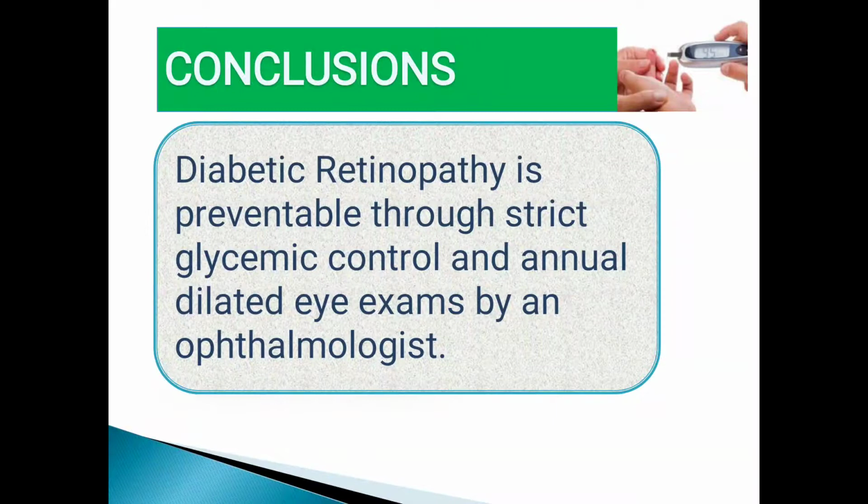And the investigations that are required in diabetic retinopathy, apart from the normal investigations, are: we have to check the blood sugar, then we have to check creatinine, because the patients may have renal changes also at that time. Then we have to do dilated fundus examination, and then we can do fundus fluorescein angiography.